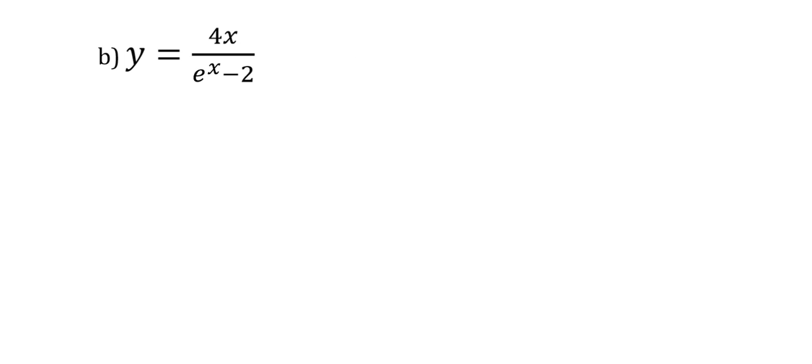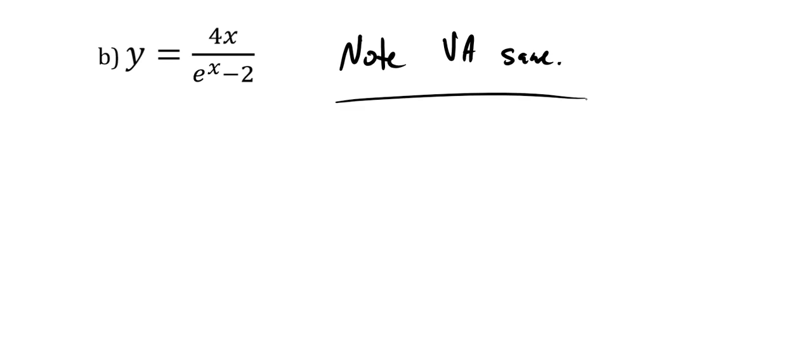So we can just note the vertical asymptotes are the same, just so we don't have to worry about it. We're not going to redo that part. So let's take a look at the horizontal and/or oblique.